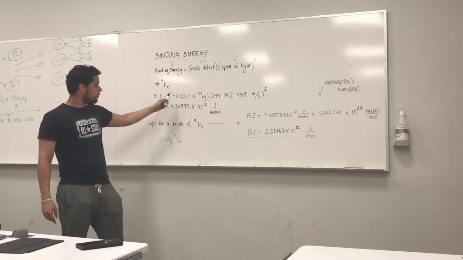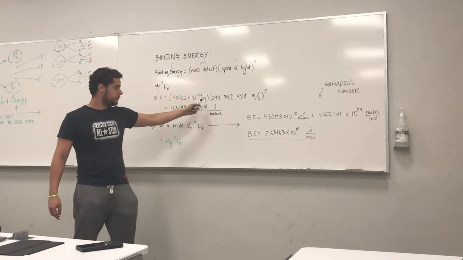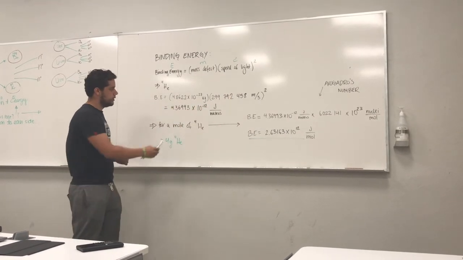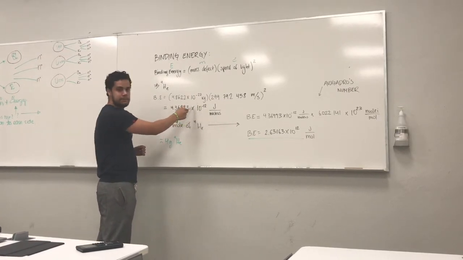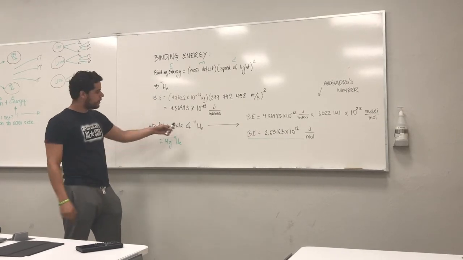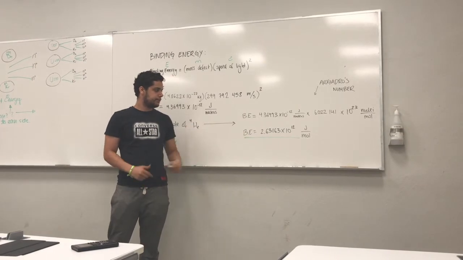So we multiply the mass defect times the speed of light squared, and we obtain this energy in joules per nucleus. It seems small, but once you apply it to a whole mole of helium, you obtain a very large energy, in joules per mole.